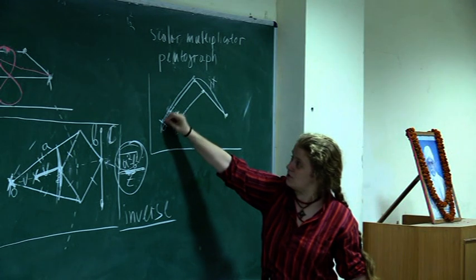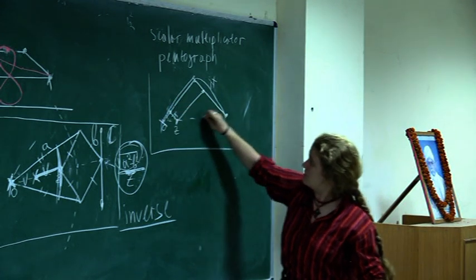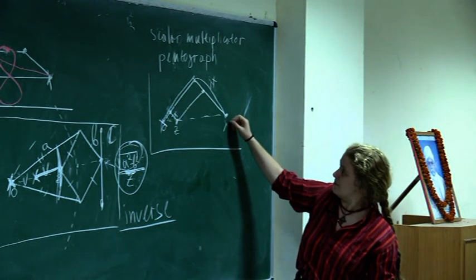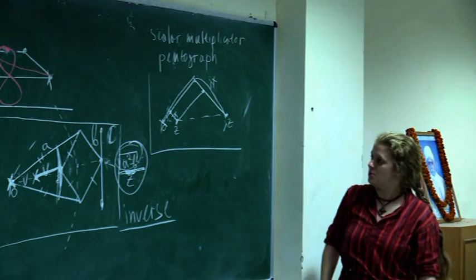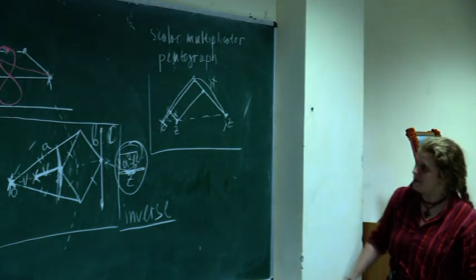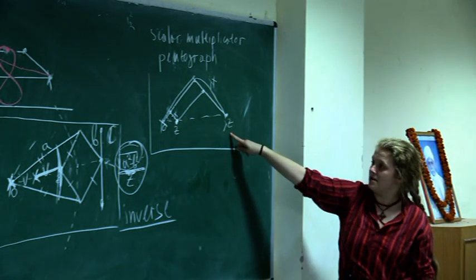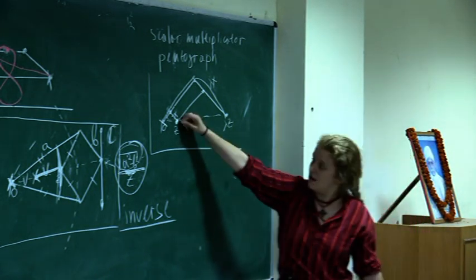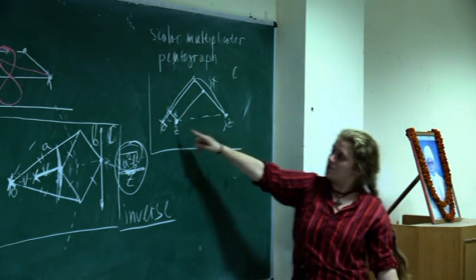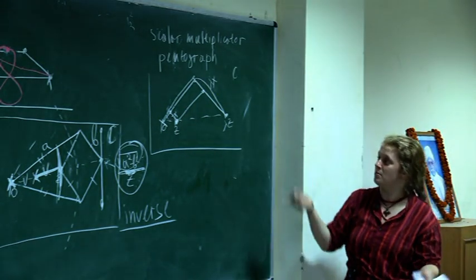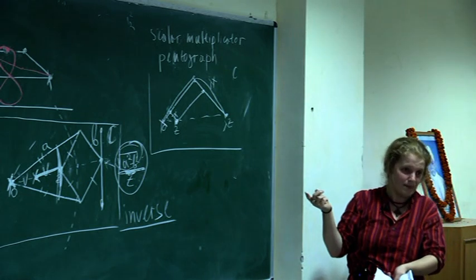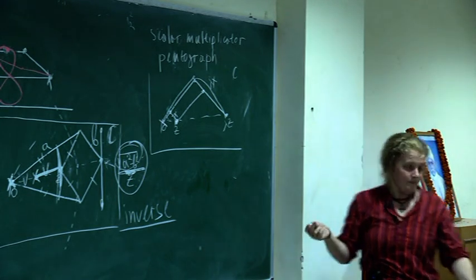This triangle is similar to this triangle. So here we will have lambda z, right? So this is a scalar multiplicator, a linkage that multiplies, again, a complex number by some, in this case, positive number lambda, like this.